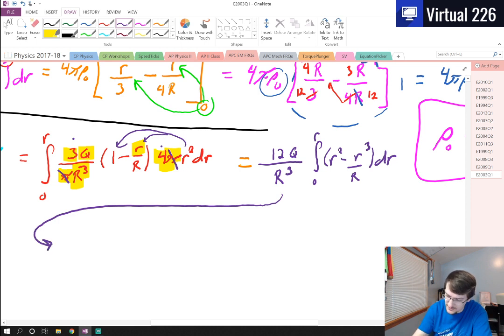Let's go down here to look at the next part. Okay, so if I want to integrate this, remember just like before, add 1 to the exponent and divide by it.